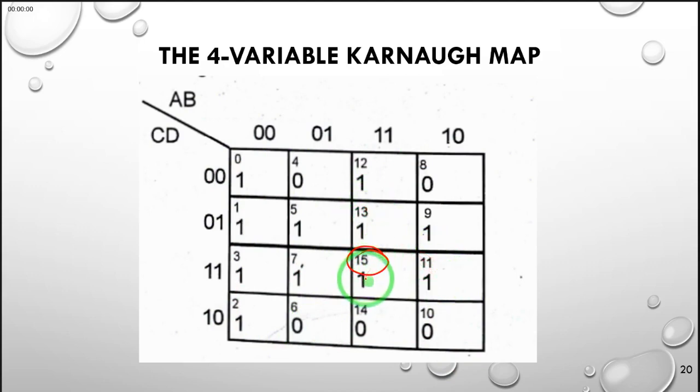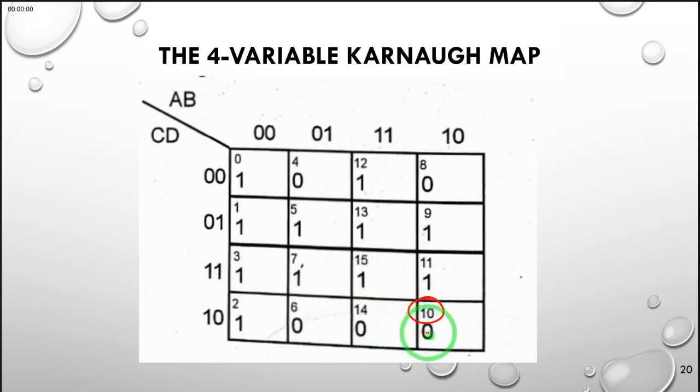So from the horizontal side, we have cell 13 neighboring it. The bottom side, we have cell 14 neighboring it, cell 11 neighboring it, and cell number 7 neighboring it. And again, if you look at cell number 7, you'll see that it is neighbored by 5, 3, 6, and 15.